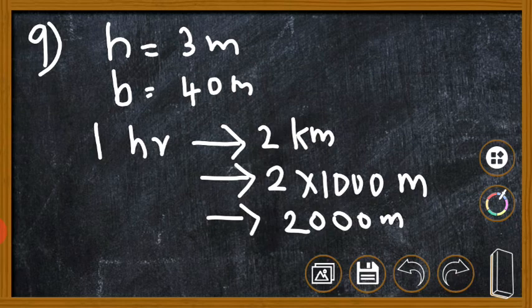But what is the question? How much water will fall into the sea in 1 minute? 1 hour meaning 60 minutes. That means in 60 minutes 2000 meter. So in 1 minute how many?